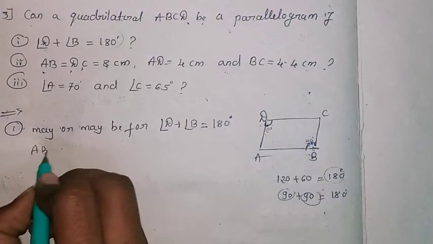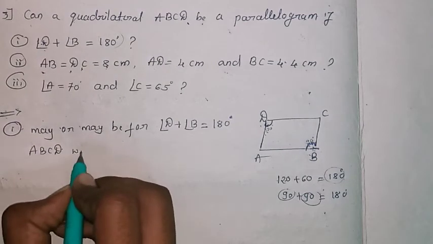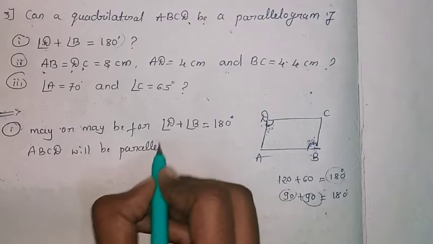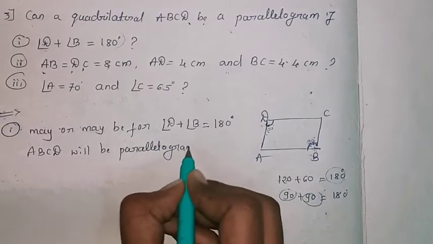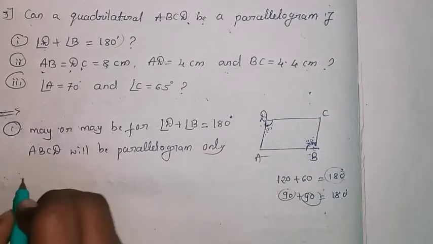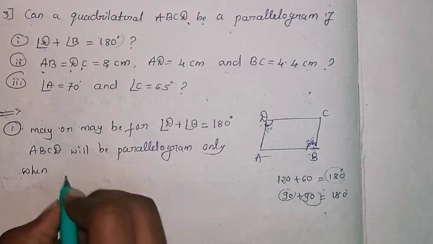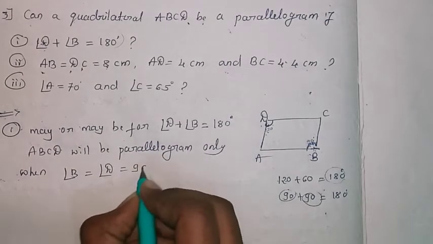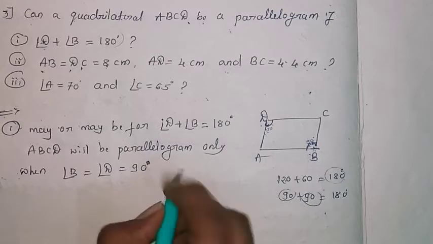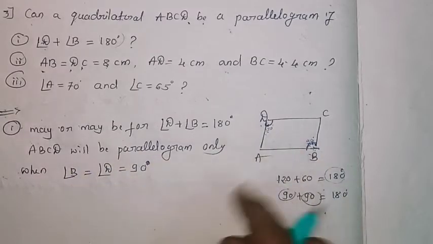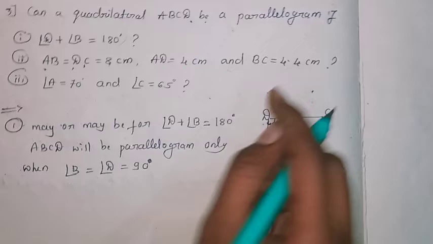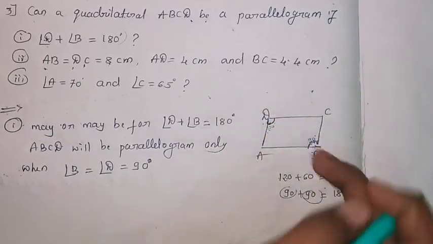So ABCD will be a parallelogram only when angle B is equal to angle D, that is equal to 90 degrees. So only one possibility is there: when these angles are equal to 90 degrees, then only there is a possibility of formation of the parallelogram.